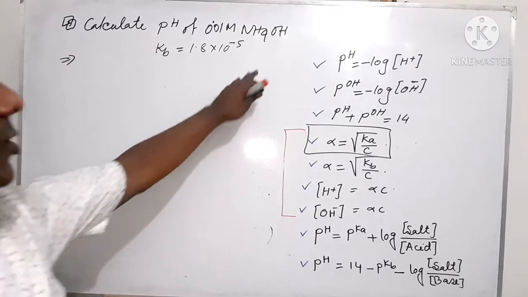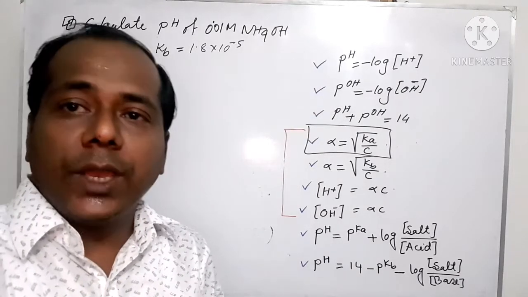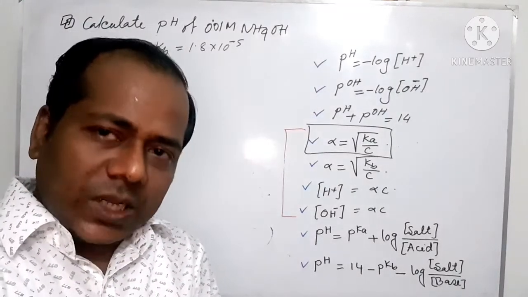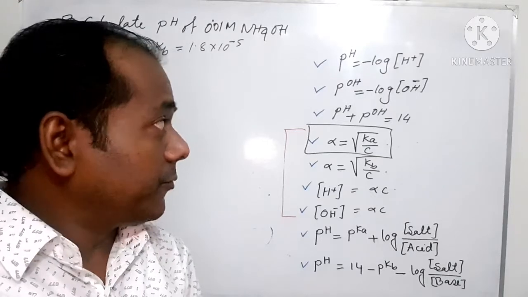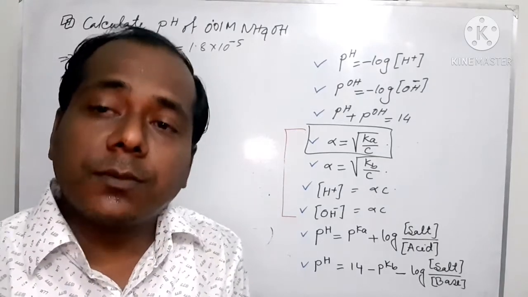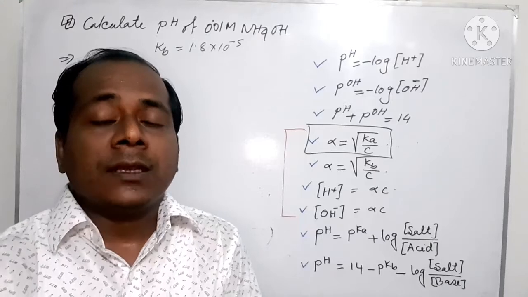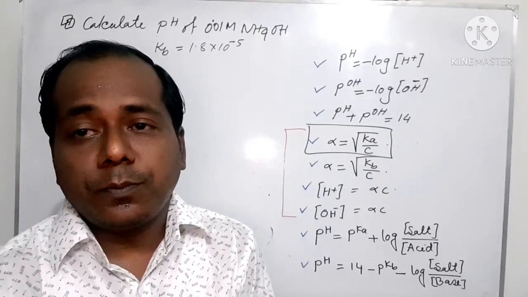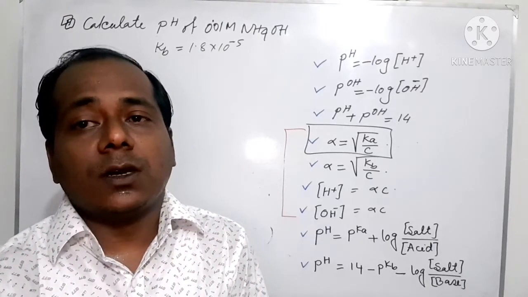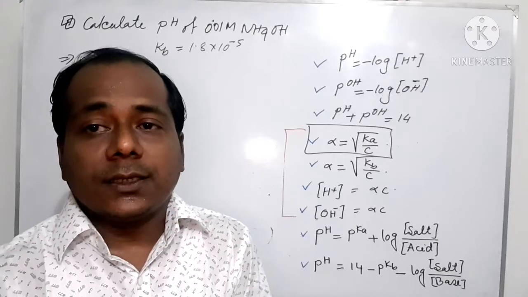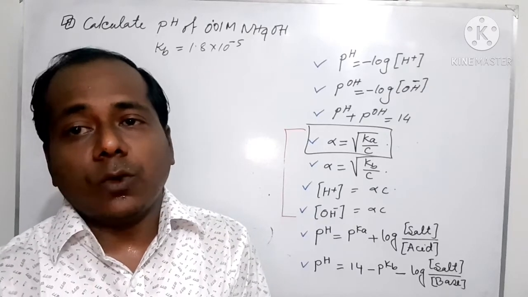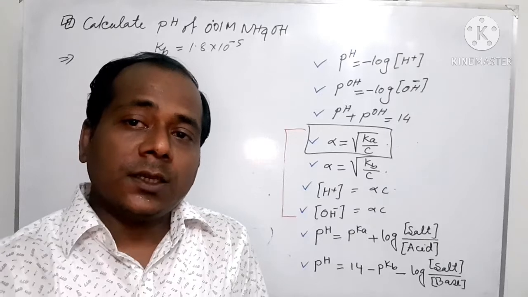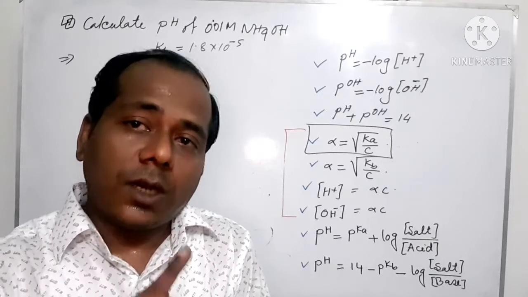This ammonium hydroxide is a weak base, and that's why at first we have to calculate the degree of dissociation alpha, then calculate the molar concentration of hydroxyl ion, and then calculate pOH, and after that we calculate the pH of that solution.